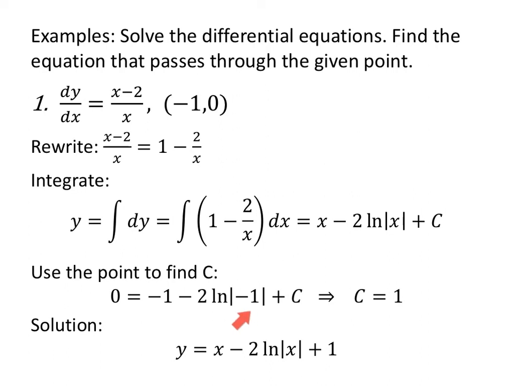See, absolute values, absolutely necessary. The absolute value of negative 1 is 1. The natural log of 1 is 0. Negative 1 minus 2 times 0 is negative 1. If negative 1 plus c equals 0, then c must be positive 1, and we have our particular solution to this differential equation.